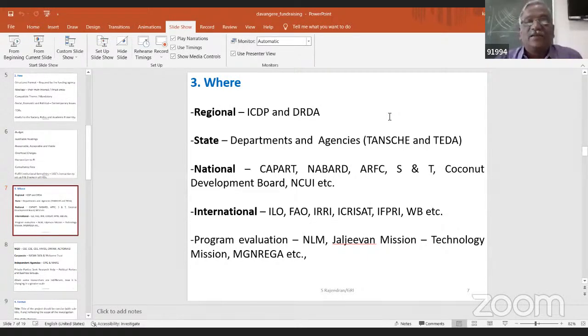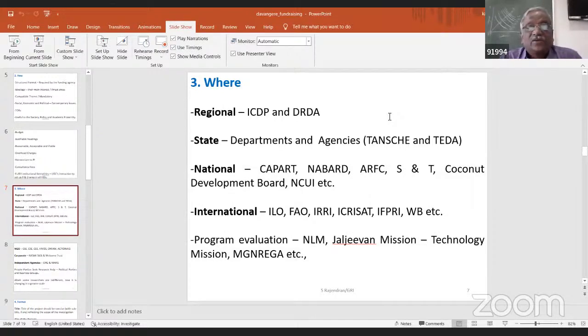Now, at a regional level, we can think of preparing ICDP, District Rural Development Agency, etc. And also at a state level, there are Agriculture Department, Education Department, and also the Electricity Department you can think of applying. And at national level, we have separate agency like CAPAT, which is focusing mainly on rural development, in which the Gandhigram Rural Institute is the main beneficiary.